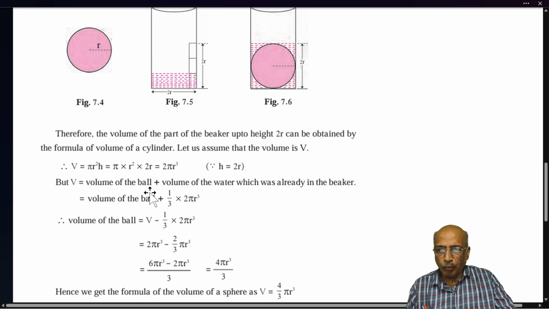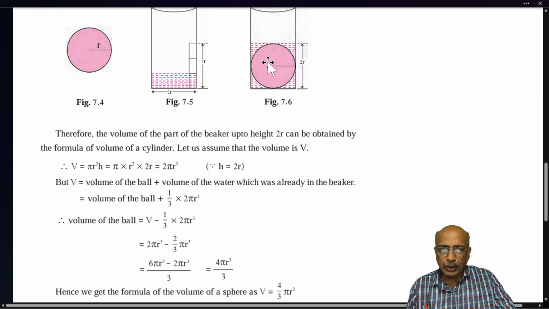But V is the volume of the ball plus the volume of water which was already in the beaker, in this figure. Volume of the ball plus 1/3 into 2 pi r cube. Why 1/3? 2 pi r cube is the volume of the cylinder, and 1/3 because it was filled 1/3 only.